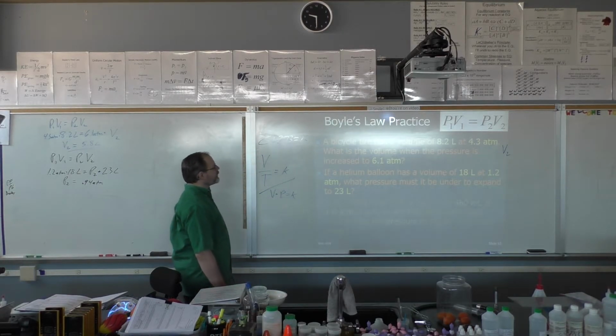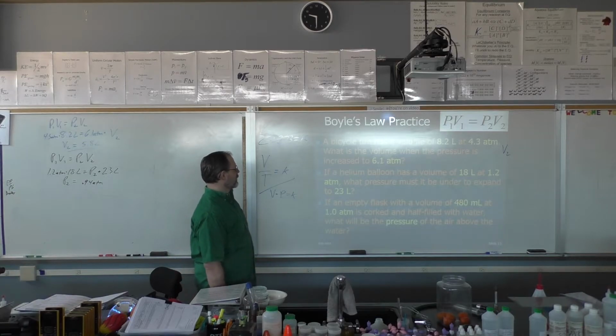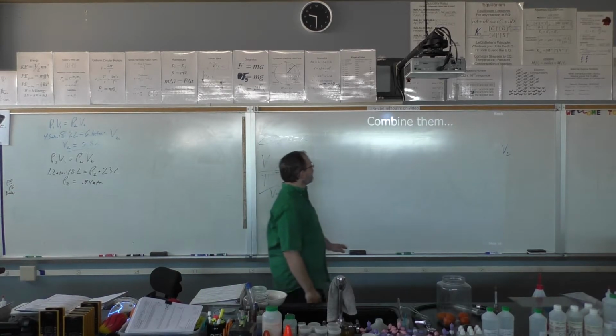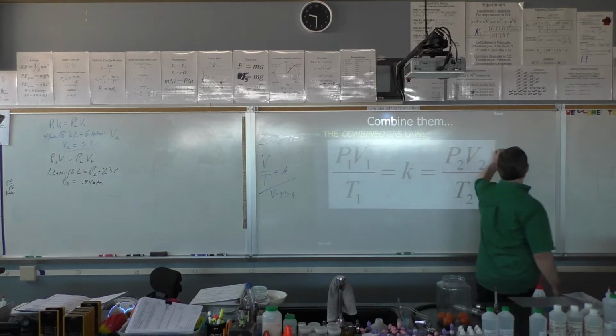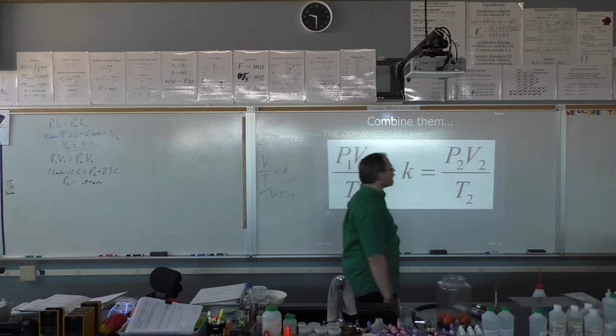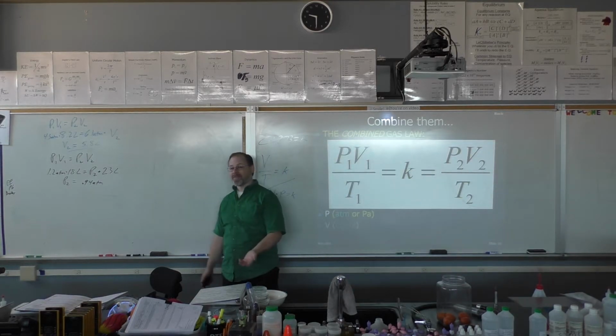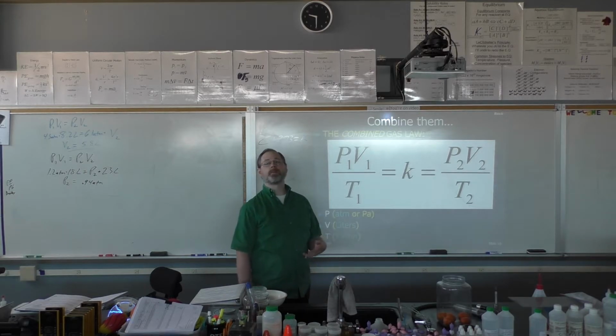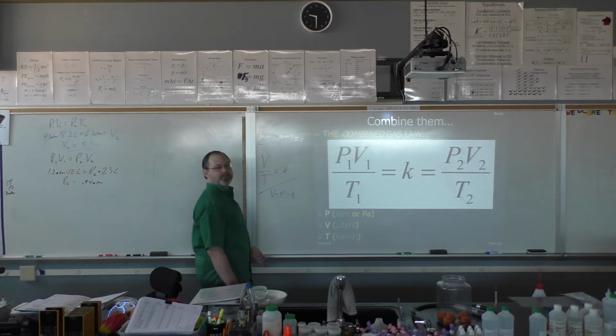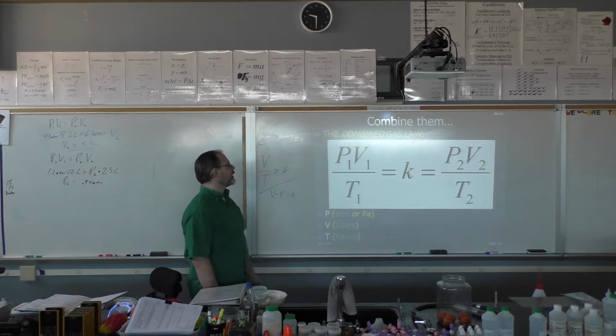So if you put Boyle's law and Charles' law together, you get the combined law, which simply states the pressure, volume, and temperature conditions in one state will equal the pressure, volume, and temperature conditions in another state. P1V1 over T1 equals a constant equals P2V2 over T2. They both equal the same.